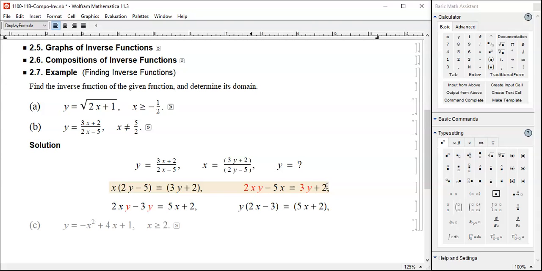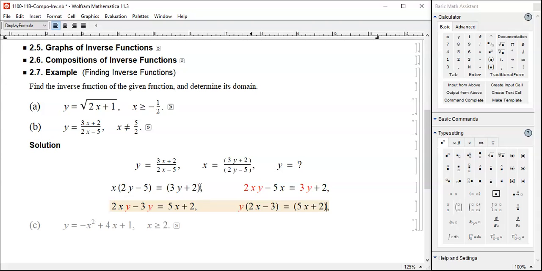Move all the y terms on one side. We got improvement here, okay? All the y's on the left-hand side, everything else on the right-hand side. But still, we still have two y's. Now, after factoring it out, we only have one y, and that's why we did all this.